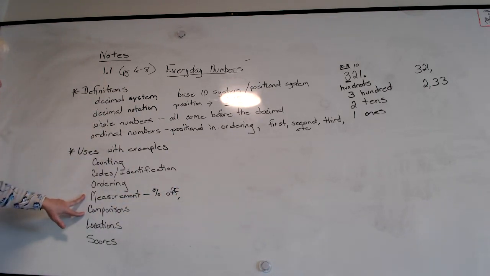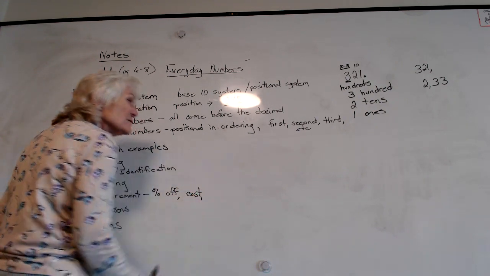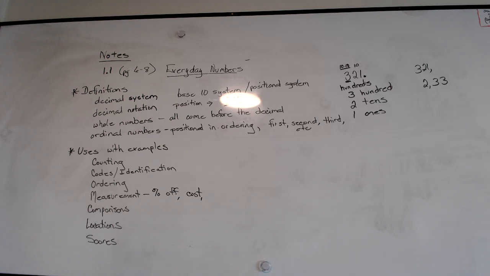What else is a measurement number, since we brought that up? Cost is definitely a measurement. It's how much it costs. What other things are measurements you use? Oh, we use a lot. How tall are you? 5'2".